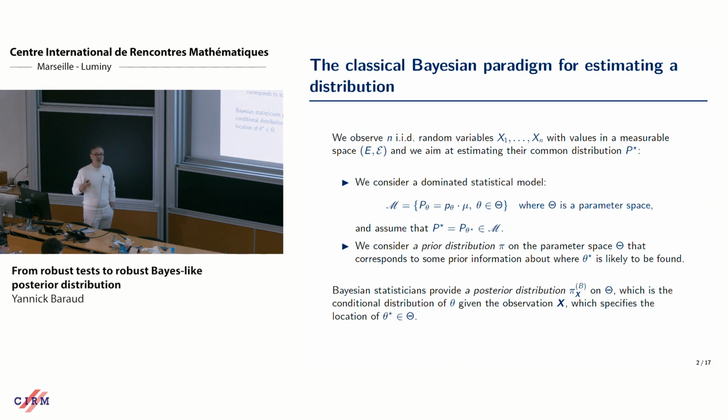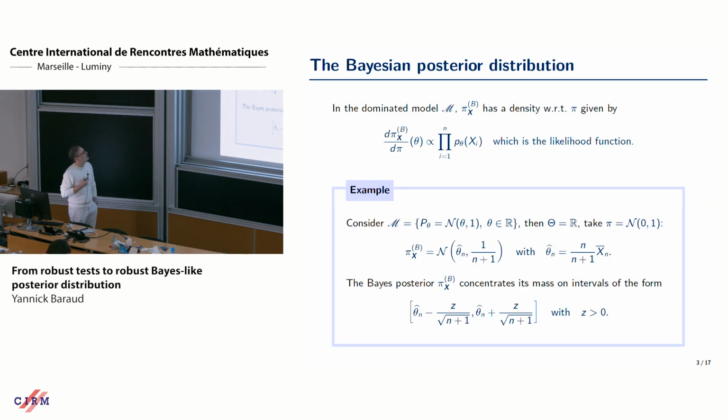And so in the Bayesian setting, what we do is we inverse this conditioning and say that the posterior distribution of the parameter is just the conditional distribution of theta knowing the data. We reverse the conditioning. And that's what Bayesian people do, actually. So when the model is dominated, then the posterior distribution has a density with respect to the prior, which is proportional to the likelihood function. So I'm just reminding you of some very basic things about Bayesian statistics.